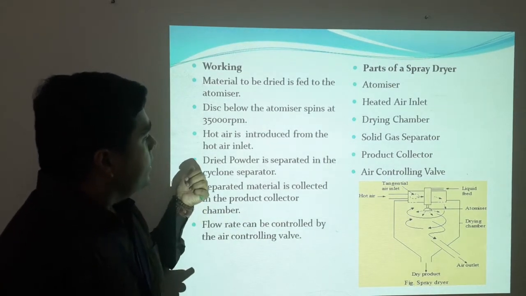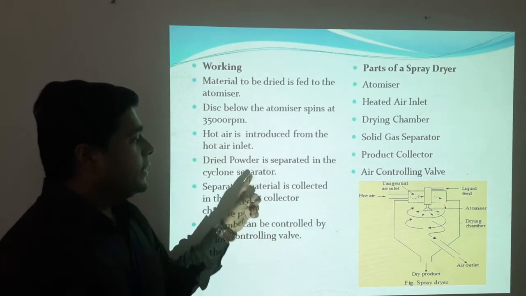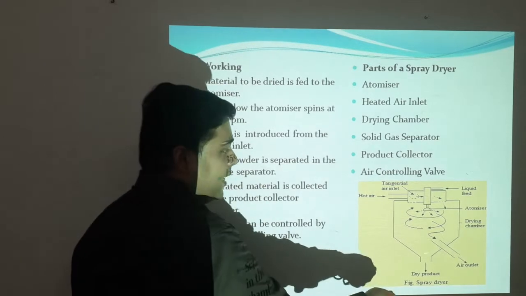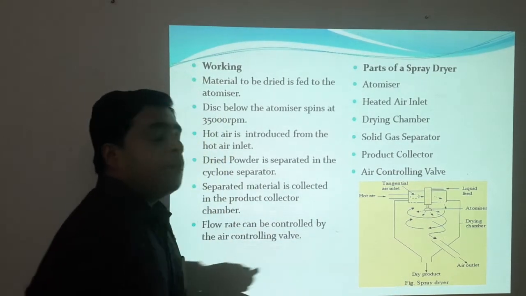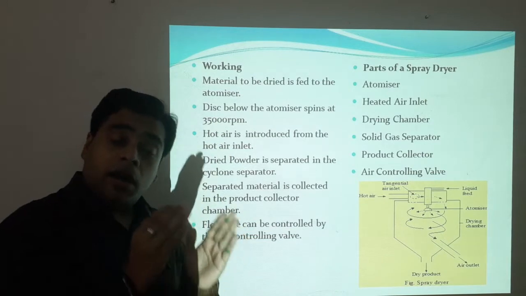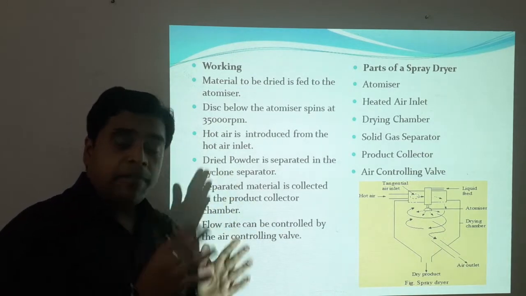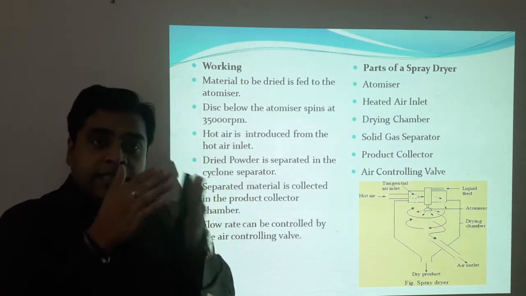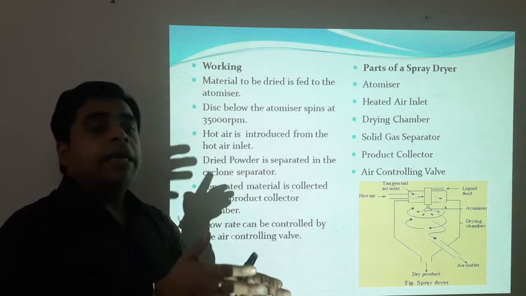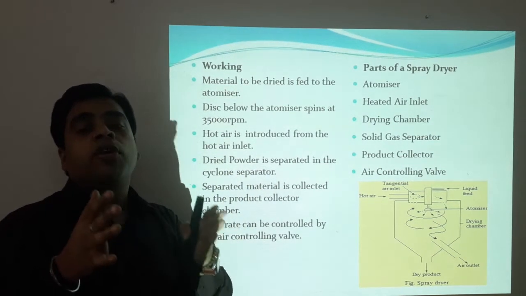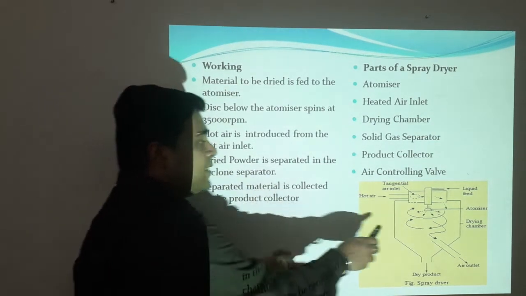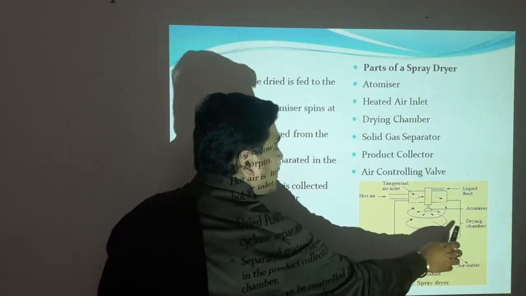Next, the dried powder is separated in the cyclone separator. Here there is a cyclone separator, another machine by means of which we separate dry particles from a fluid such as air.